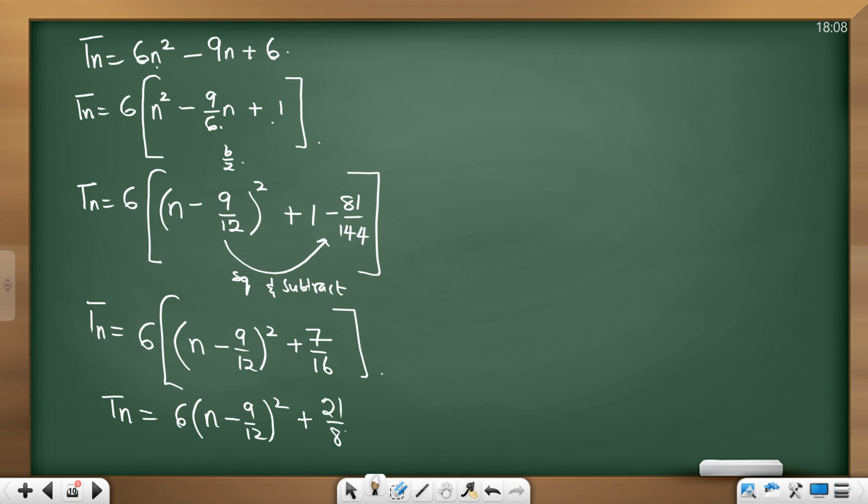Right. Before I continue, please let me know if you are okay with completing the square. It's compulsory in grade 12, it's functions already. Oh, it's still fine.